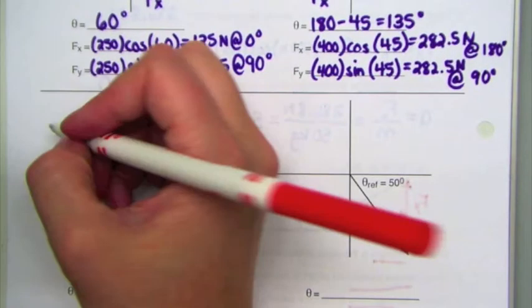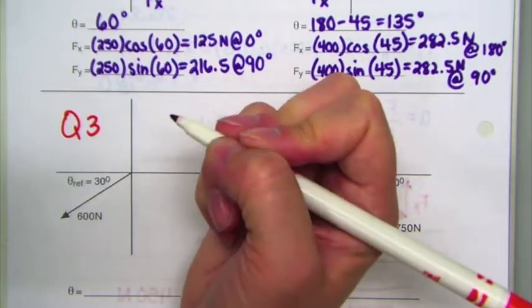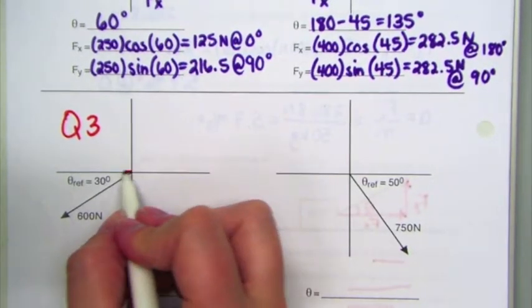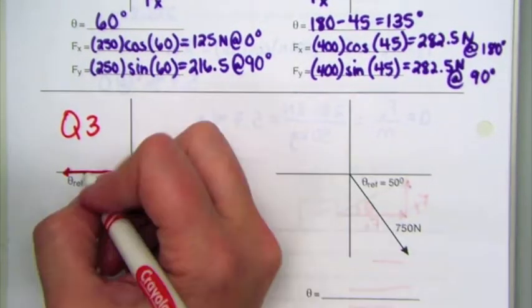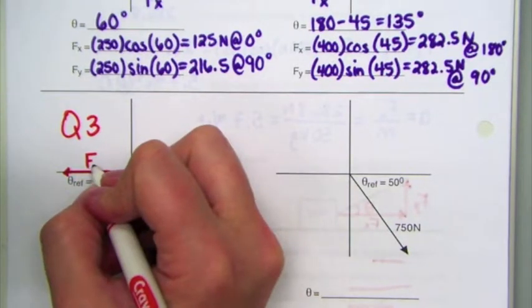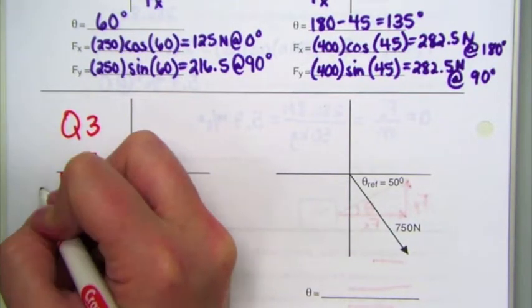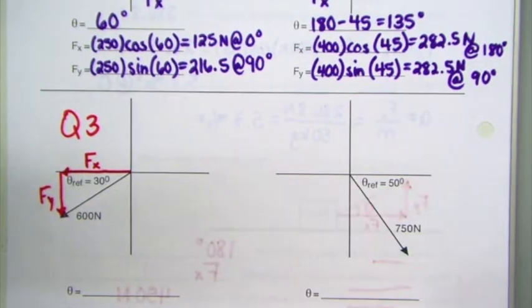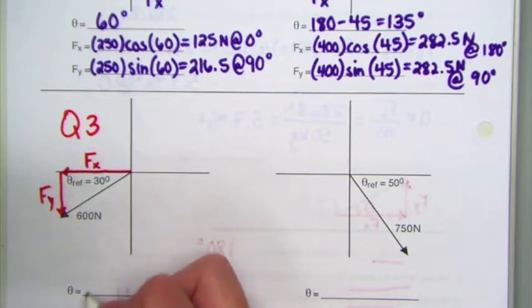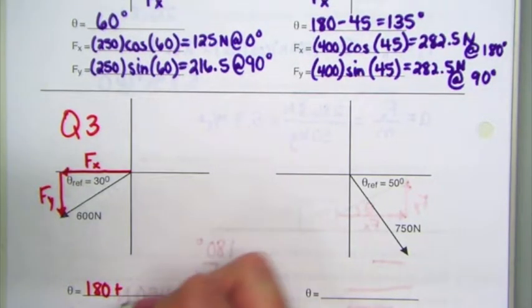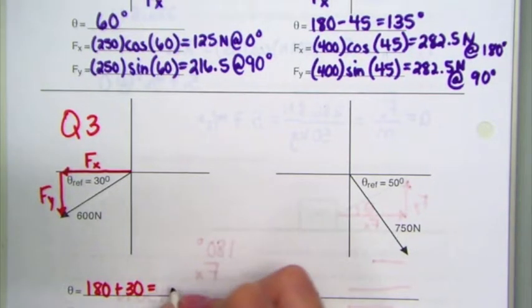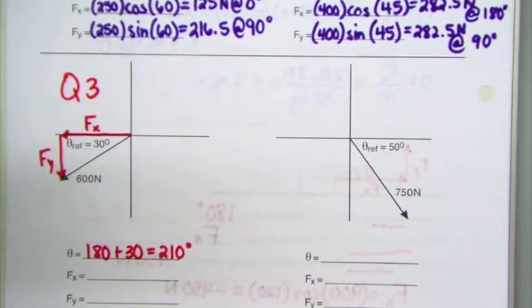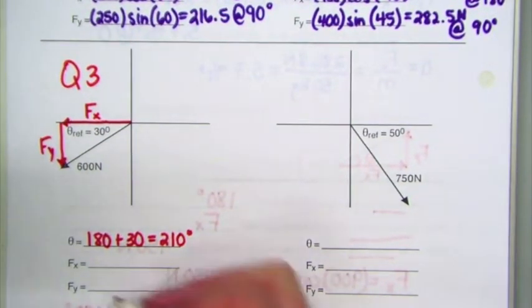Okay, next problem is in quadrant 3. I like to start always with the x direction and then draw my y direction. Just makes all of my math consistent. In quadrant 3, I know I am adding to 180. Okay, that's my 360 angle.